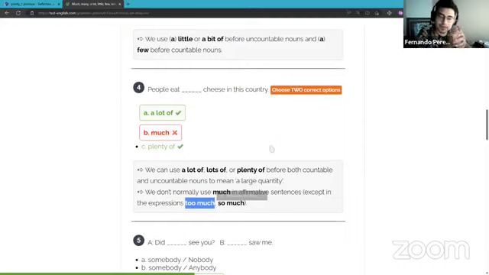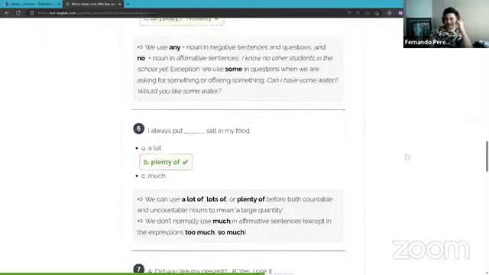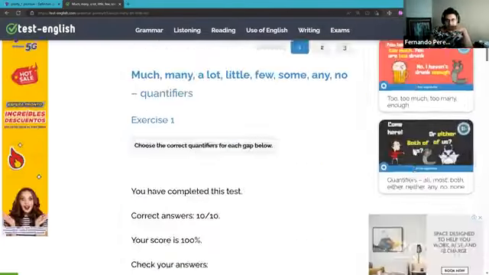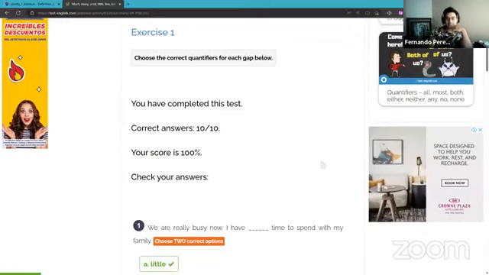That's the difference, and that's why it sounds very strange. If you say people eat much cheese, it sounds weird. Tricky, no? That's very, very tricky. The rest are correct, no problem with the rest. But this exercise is tricky.